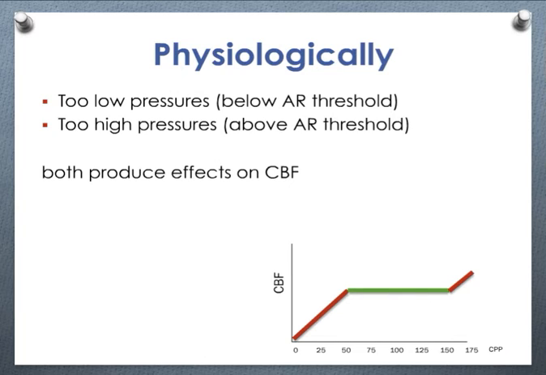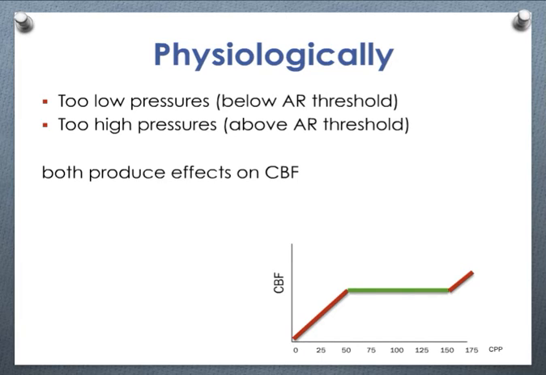Physiologically, for a huge range of pressure, a huge range of CPP, but you can avoid talking about CPP, you can talk also about mean arterial pressure, because in the human being, ICP is below 10 in normal conditions. And for a huge range of pressure, phylogenetically, we want to keep the flow constant.